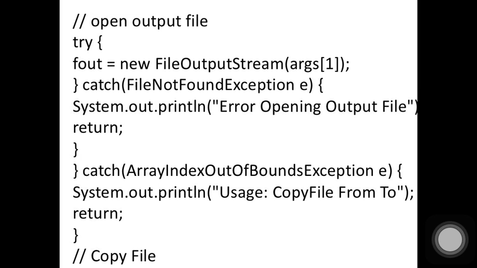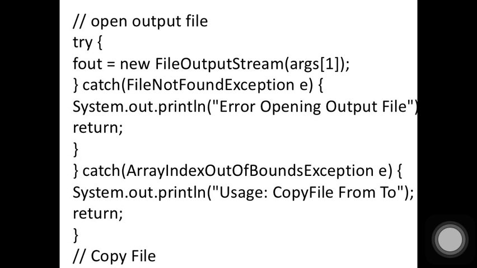Inside the try block, fout equal to new FileOutputStream, and take the second argument as the output file. The first argument given to the main method is the input file. The second argument given to the main method is the output file, and if the file does not exist, it creates it. If it already exists, it opens for writing purpose, and it overrides the previous content.